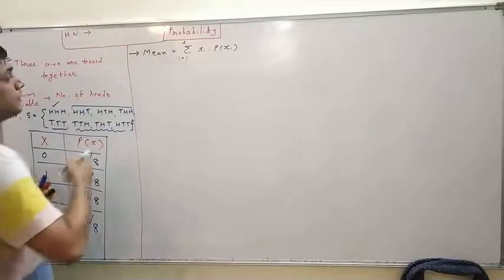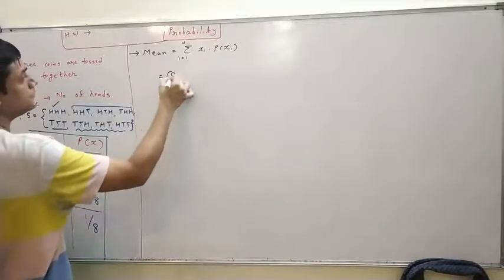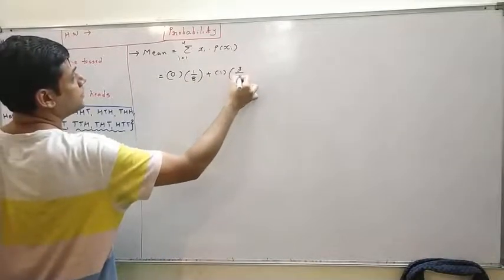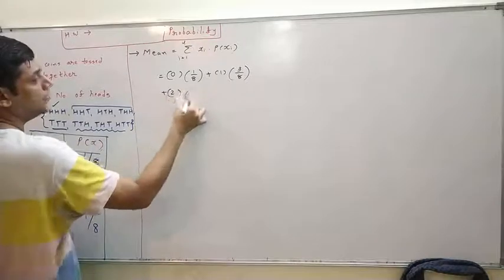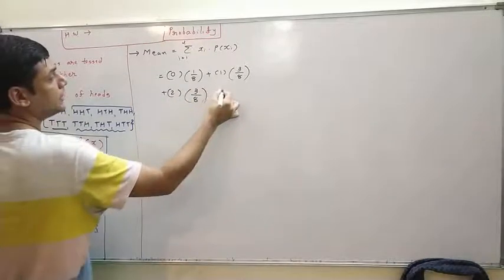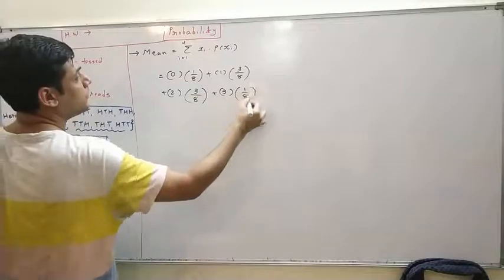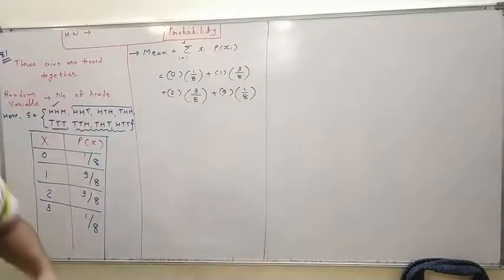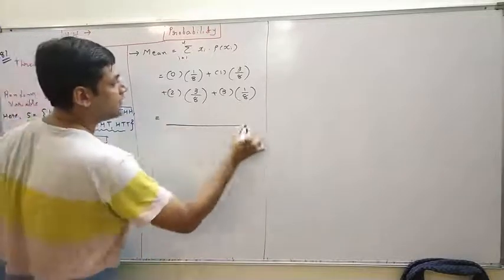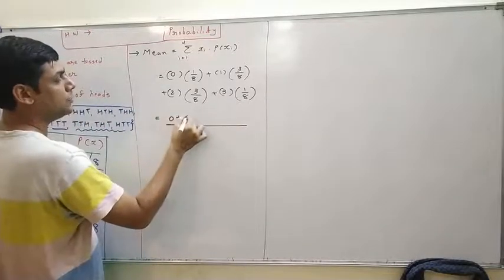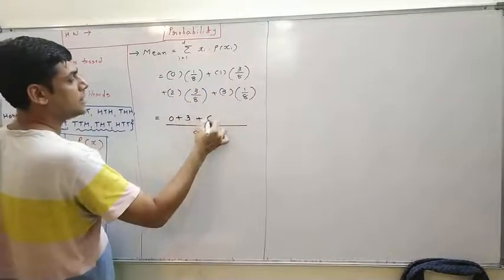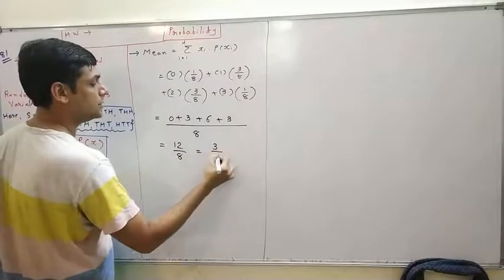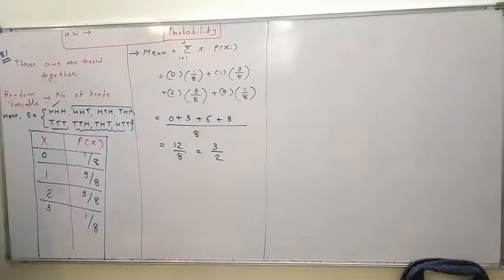So mean is 0 into 1 by 8 plus 1 into 3 by 8 plus 2 into 3 by 8 plus 3 into 1 by 8. LCM is 8, so it is 0 plus 3 plus 6 plus 3, that is 12 by 8, that is 3 by 2. So your mean is 3 by 2.